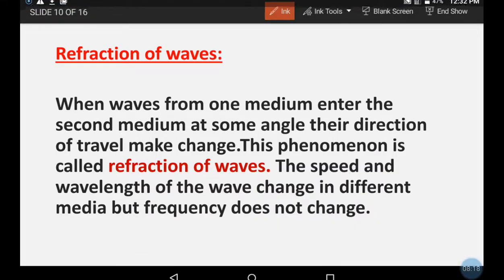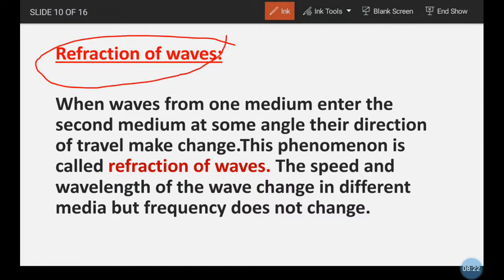Let's see another property, refraction of waves. When waves from one medium enter into a second medium at some angle, their direction of travel may change.